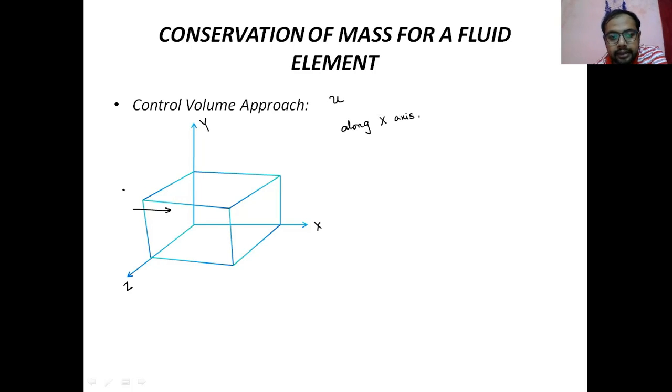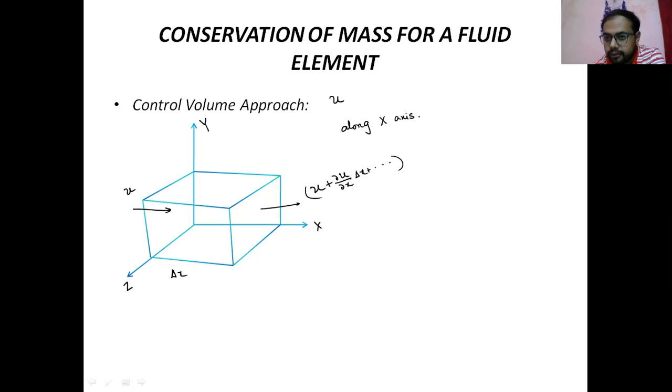Here the velocity is u, and over the distance del x, the velocity will not be u. It will be u plus del u by del x, plus higher order terms, because u is a function of x.